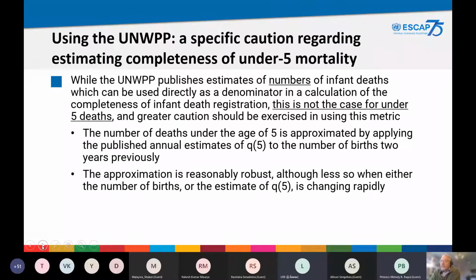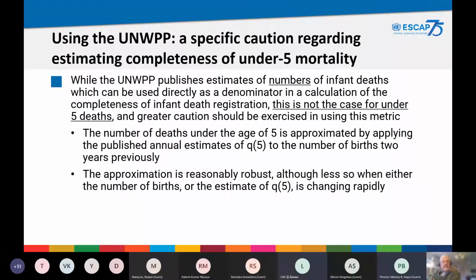And this is because the UNWPP publishes estimates of the numbers of infant deaths, which is obviously what we want to have as our comparator, as our denominator, when trying to derive estimates of completeness, and so it can be used directly.